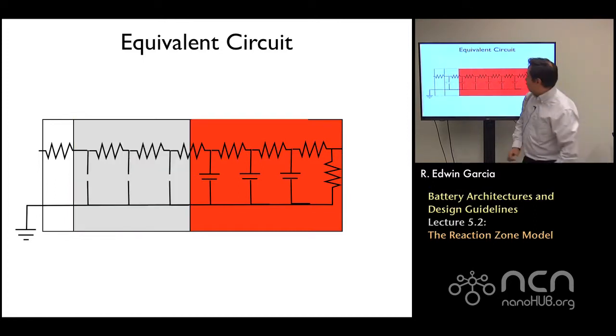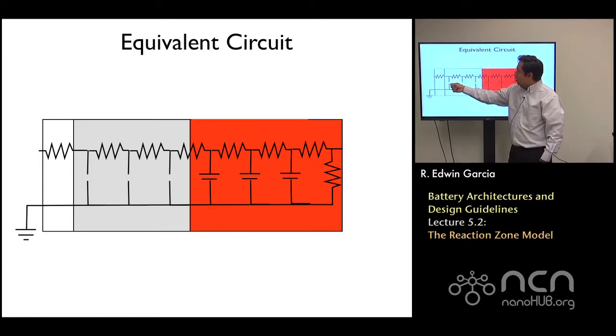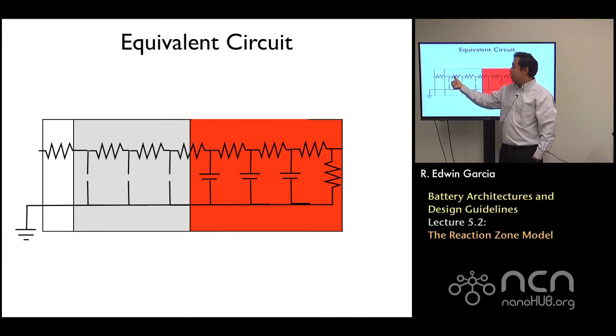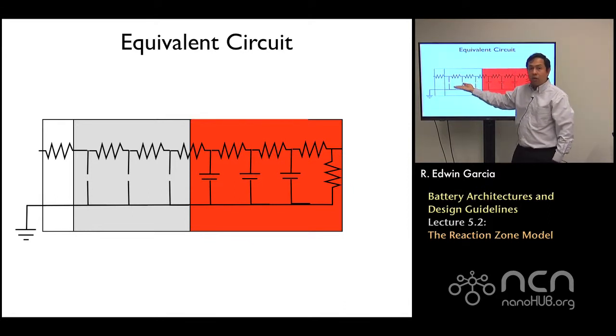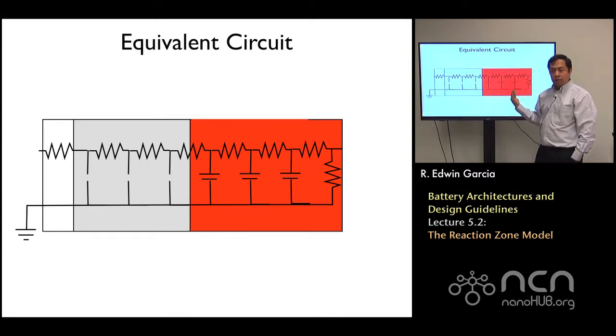Basically, what we're saying here is that the boundary moves, and as that boundary moves, we are opening this part of the circuit, leaving only this resistance that will increase the ohmic loss as the reaction proceeds. And this boundary will be the interface, or our conceptual interface, between what we have used from the cell and what can still be utilized.